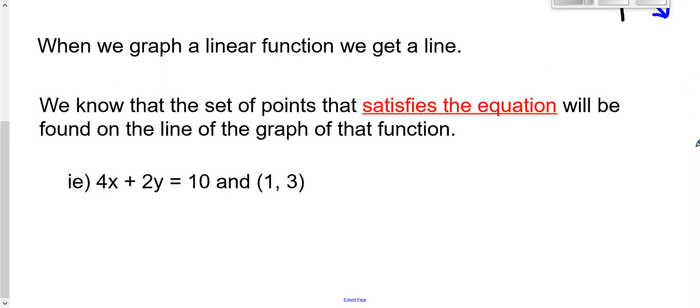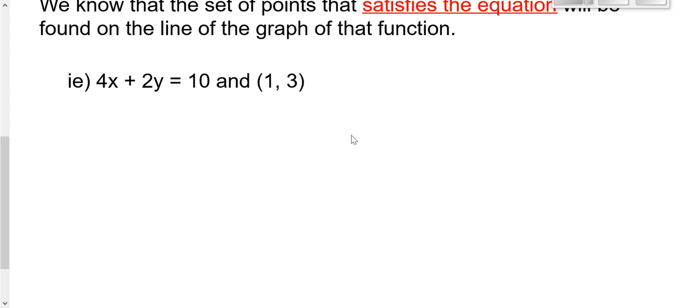Alright, so let's work out a question here. You have 4x plus 2y equals 10, and the question is: is the point (1, 3) on the graph, or does it satisfy the equation? What you need to do is plug in the values 1 and 3.